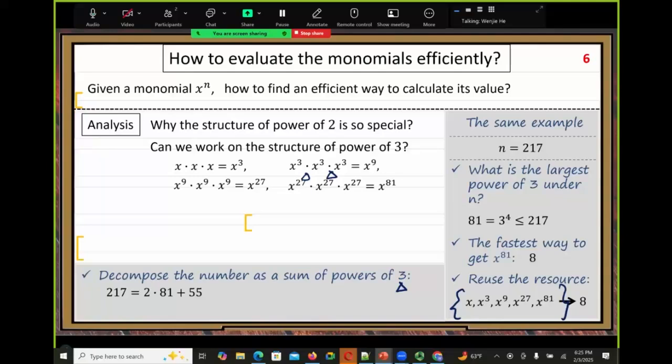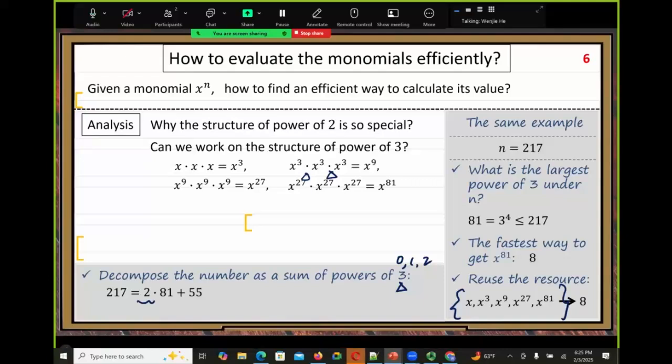But in the ternary representation, your coefficient could be 0, 1, 2, less than 3. That means you can use 2 copies of 81. When you extract power of 3 from the pool, you can use 2 copies of 81 from your pool. X to the 81st, you use it twice.